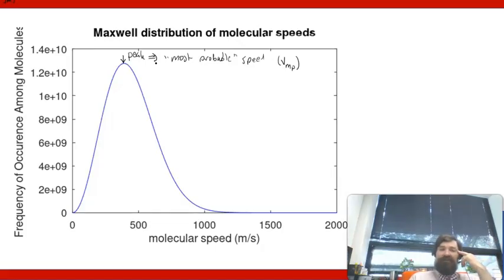So this frequency of occurrence among molecules is in some sense a misnomer, inasmuch as no individual molecule has an exact speed of, let's say, 498.000 repeating meters per second. They might be 498.1 or 498.0, those are attainable.